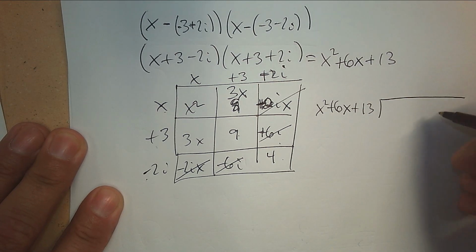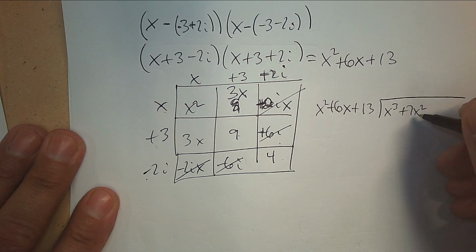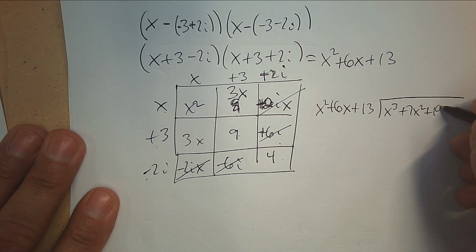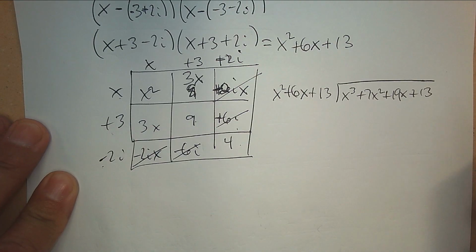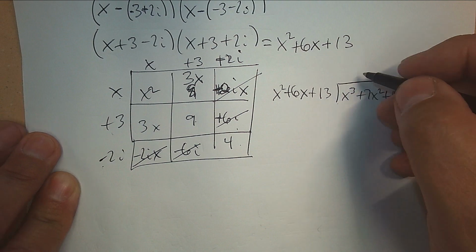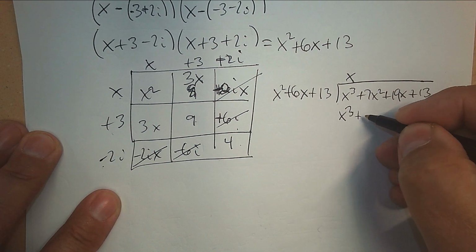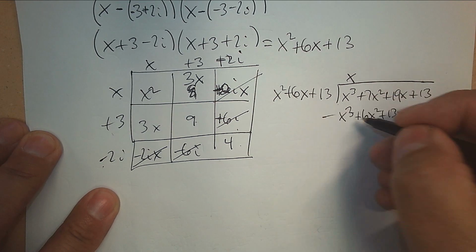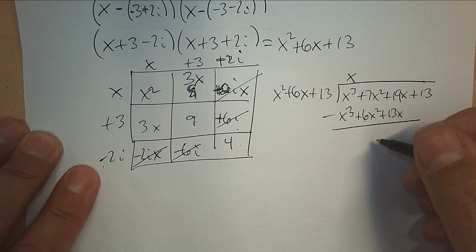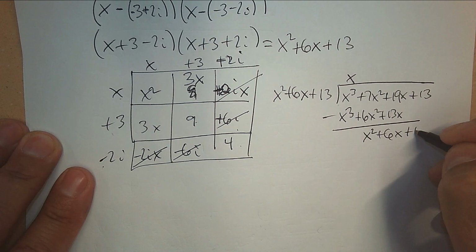In the question it says x cubed plus 7x squared plus 19x plus 13. I have to do long division. So x cubed divided by x squared is x. Subtract, I get 1x squared, 6x, and 13.